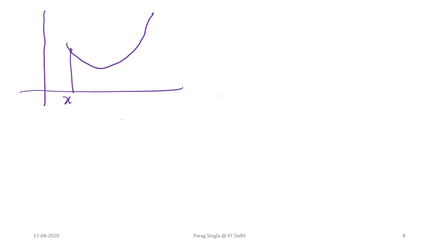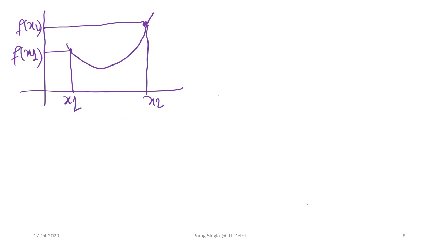Let me draw that curve again. So this was our convex function that we were dealing with. This is some point x1 here, this is x2 here, this is f of x1, and this is f of x2.